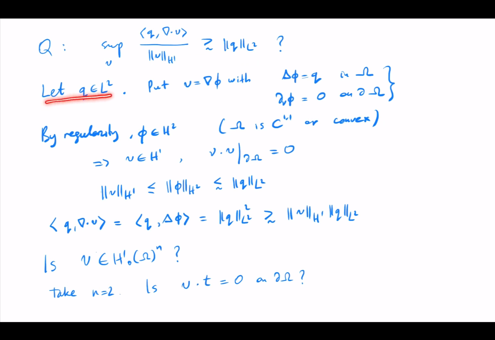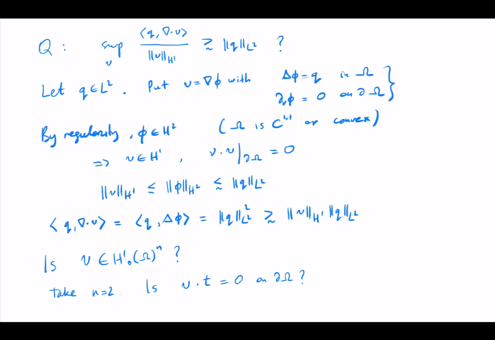So suppose we have q in L2, then we're going to solve this Neumann problem. Because omega is assumed to be nice, we can solve this Neumann problem. And then by using that solution phi, we're going to construct that v by this formula. So you simply take the gradient.